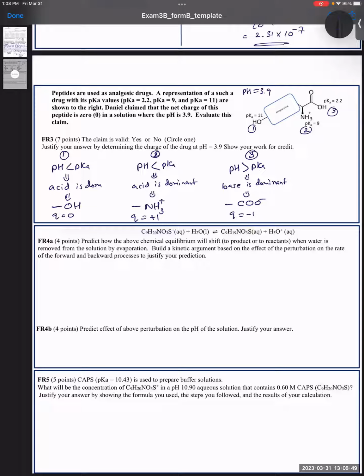Therefore the net charge is the sum of all these charges. 0 plus 1 plus minus 1 is going to be 0. Okay, so yes, the claim is valid.